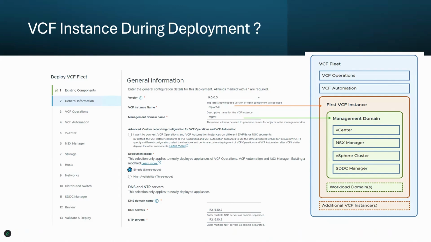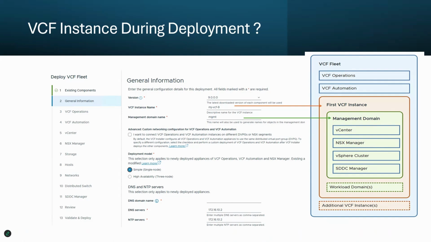In the last slide, we discussed that a VCF instance is the complete infrastructure environment where all our workloads are going to run. It brings together compute, storage, and networking into one unified stack. Now, let's look at how we actually create a VCF instance during the VCF 9 deployment.